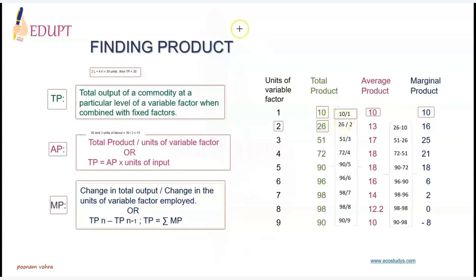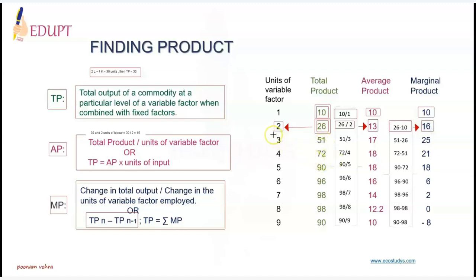So average product would be 26 divided by 2, that is 13. And marginal product is total product of n units minus total product of n minus 1 unit. That is 26 minus 10, which is 16.